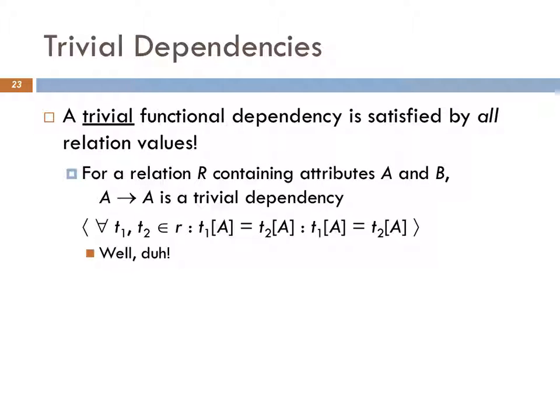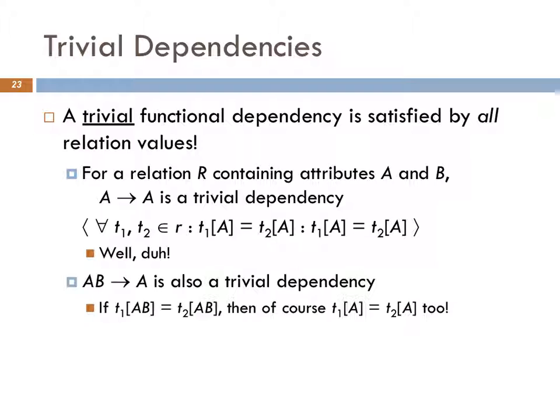And so, here is an example of a trivial functional dependency. A functionally determines A. Really obvious, right? Of course, if the A values are the same, then the A values will be the same. That's stupid talk, right? So this is an example of a trivial functional dependency.